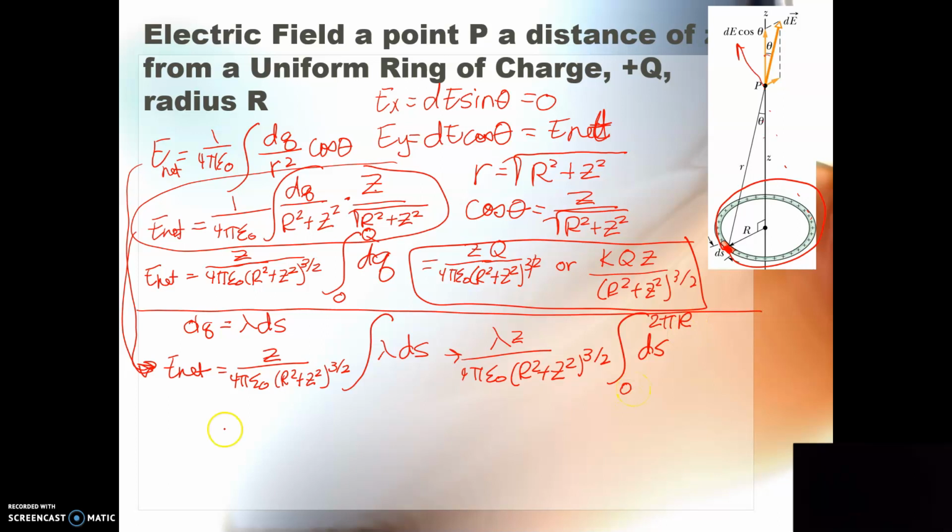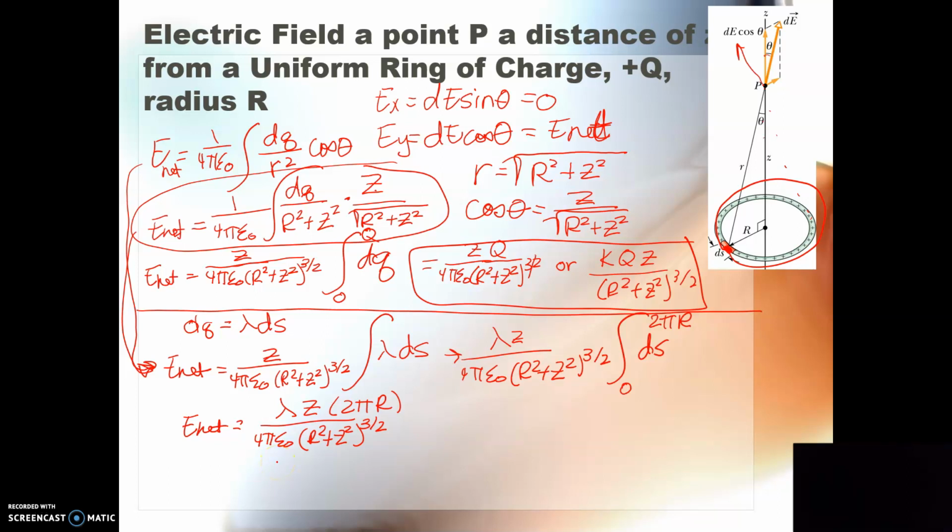So if I write my final answer here, we would have our constants, our lambda, we'd have our z, we'd have our 4 pi e naught r squared plus z squared to the 3/2, and then this would be 2 pi times r, because the integral of ds is just s from 0 to 2 pi r, minus 0, so the 0 goes away.